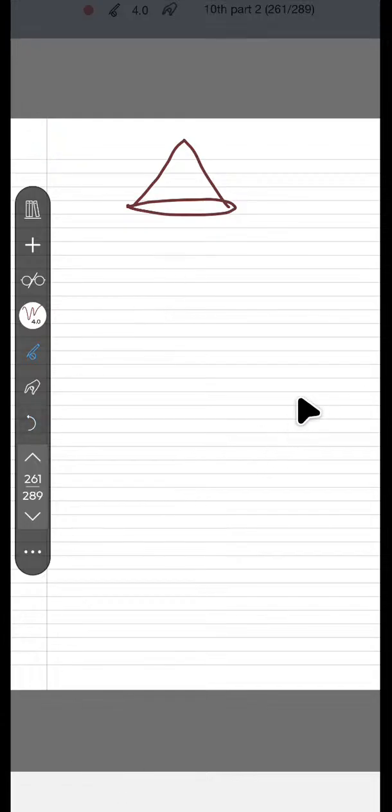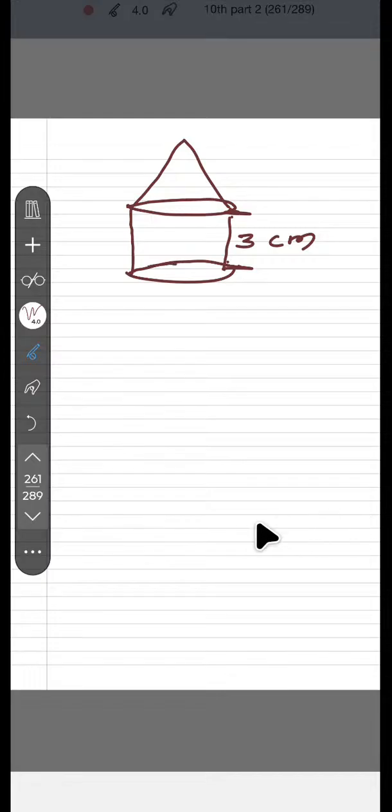So what they said, the cylinder and cone have an equal base, therefore this is the base of the cone. The cylinder also has the same base, so that's why this shape. What they said, the height of the cylinder, it means the distance from here to here, is 3 centimeter, and the area of its base, it means this one, is 100 centimeter square.